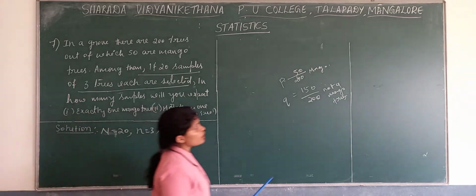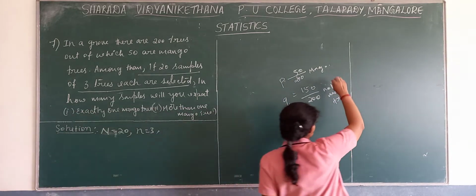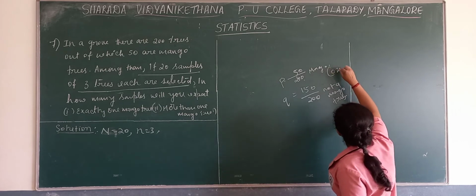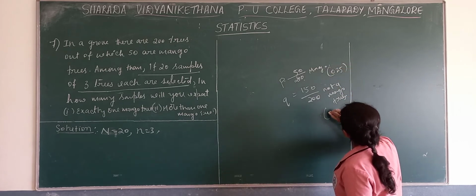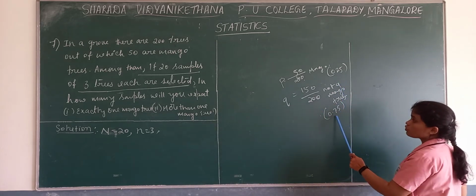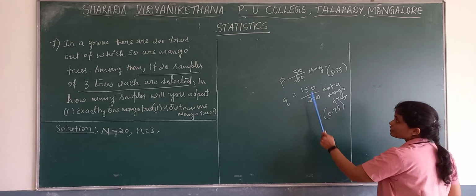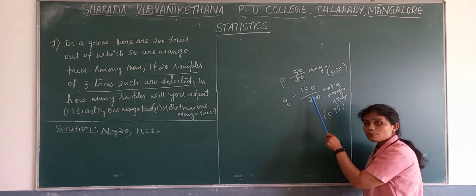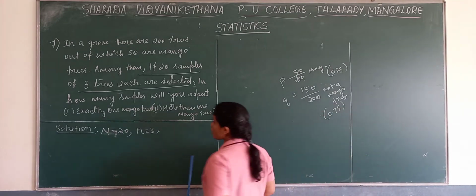50 by 200 means it will be 0.25, and 150 by 200 means it will be 0.75. It is better to take 0.25 and 0.75 rather than taking it in this form. You can take this, it is not wrong, or you can simplify and that also you can take. It is your convenience.